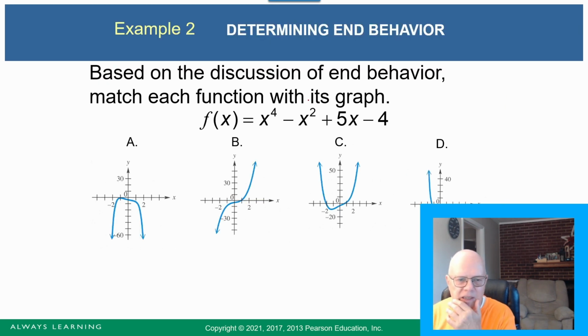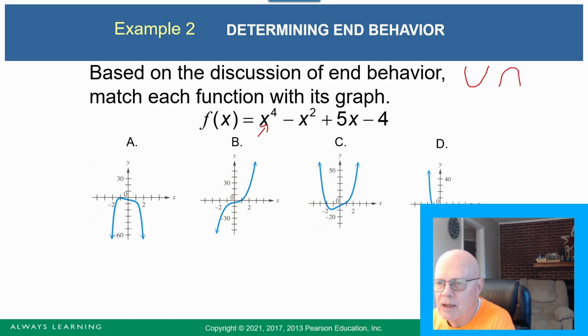So let's take a look at this. You want to do a real quick pause and see which one of these this suggests, and then come back. All right, you're back. Well, x to the fourth means you might have it like this, or you might have it like this because it's an even degree. But it's a positive one out here, so it's going to be this kind of end behavior.